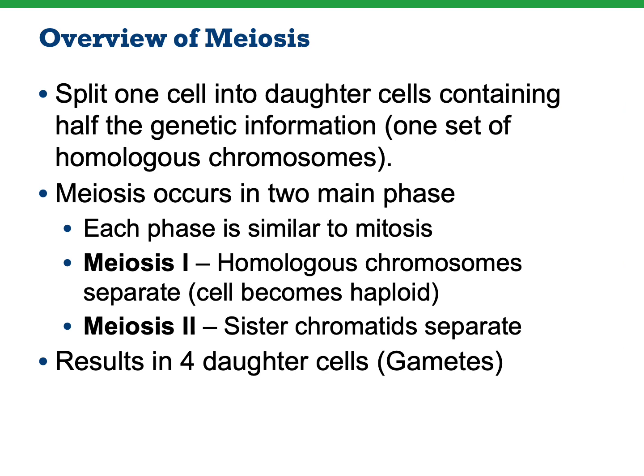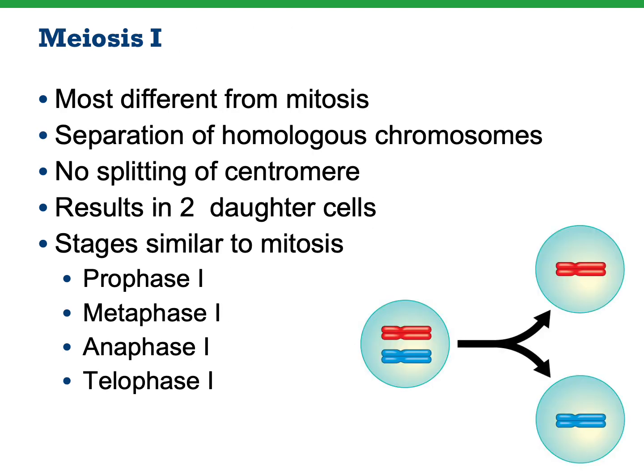Here is just a written overview of meiosis 1 and 2. Meiosis 1 is most different from mitosis. The end goal here is separation of the homologous chromosomes. No splitting of the centromere occurs here.